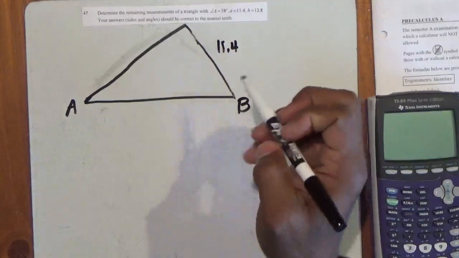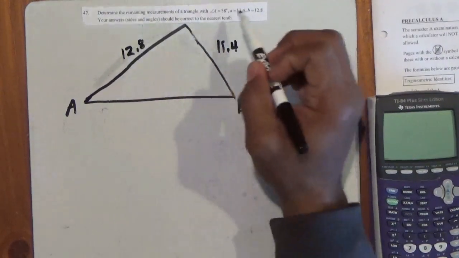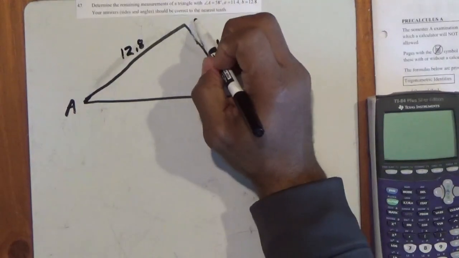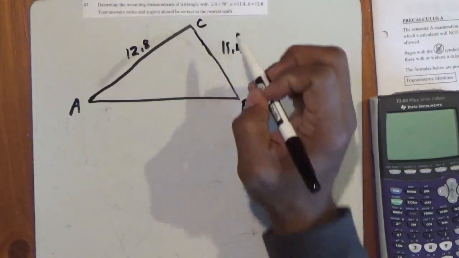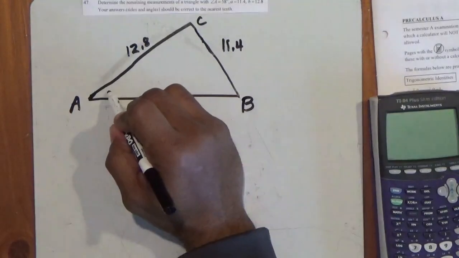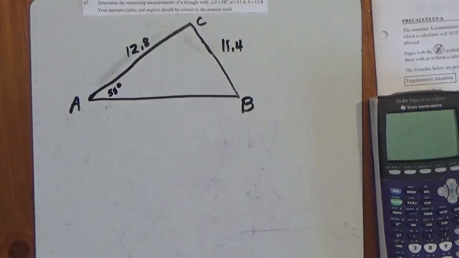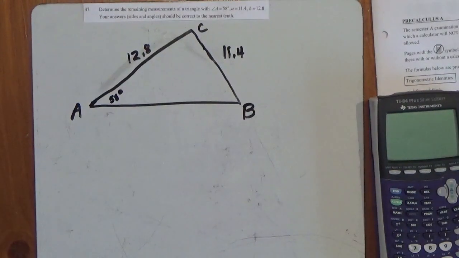We're going to make this B, so side B is 12.8, and this is C, side C. We know angle A is 58 degrees. So this is the picture that we have. Probably not exact to scale, pretty good.